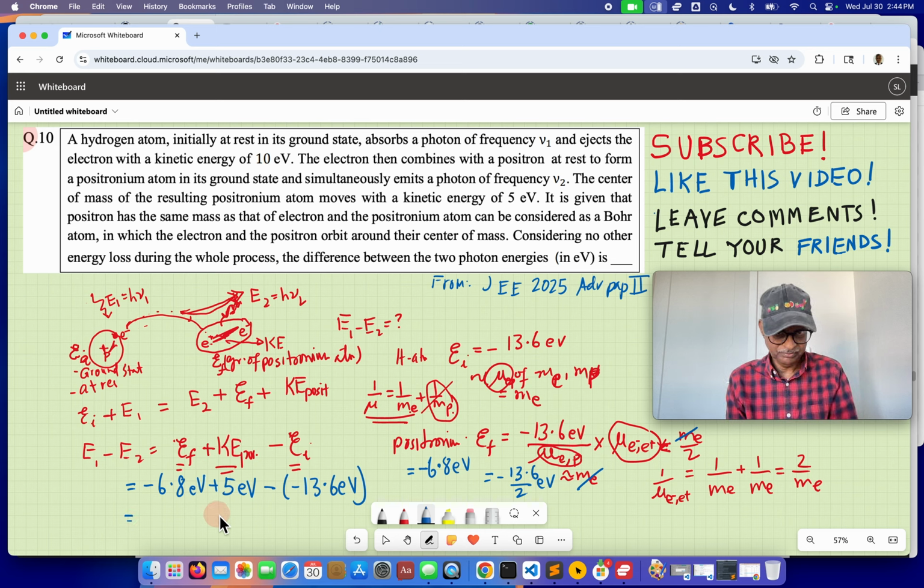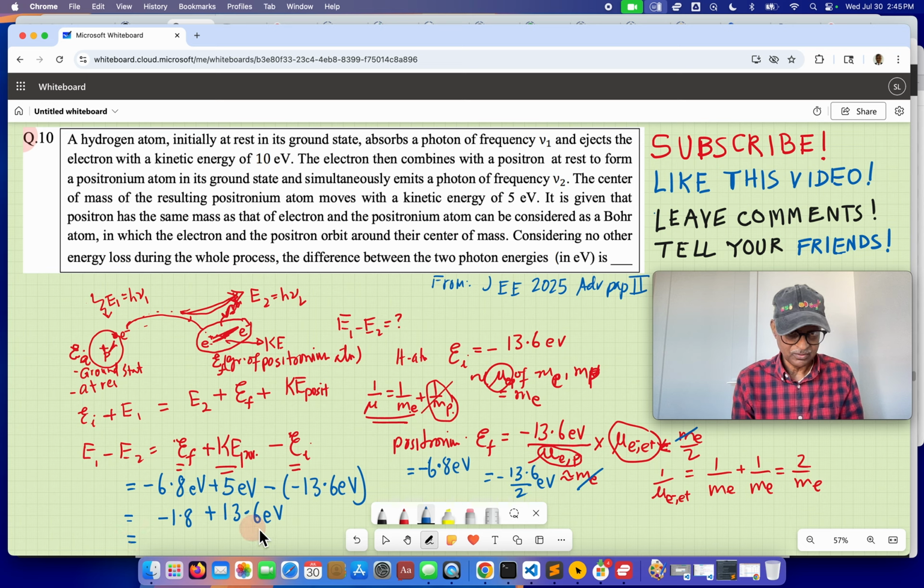So this is minus 6.8 plus 5 plus 13.6, which gives 11.8 eV. So that will be the answer.